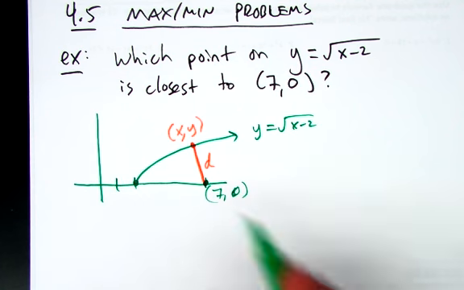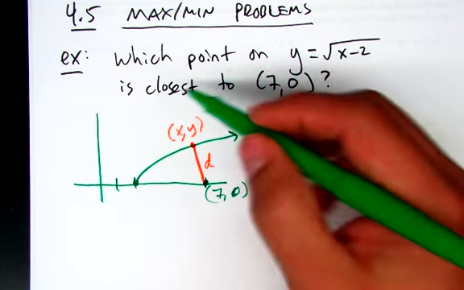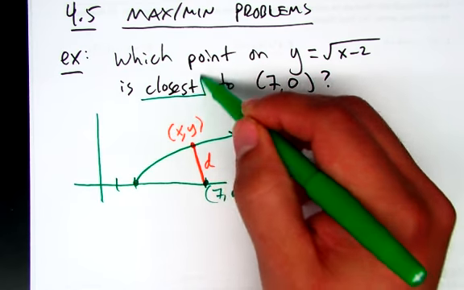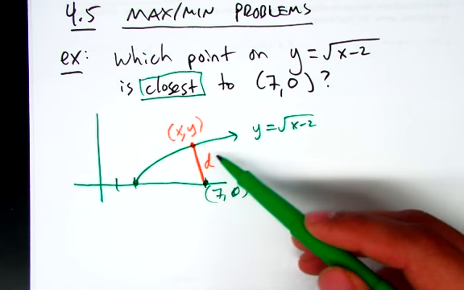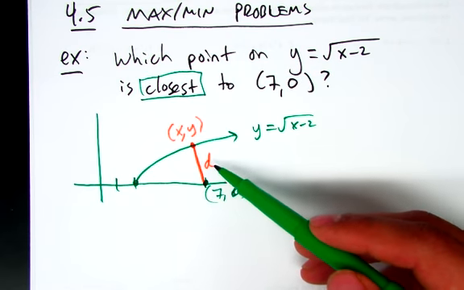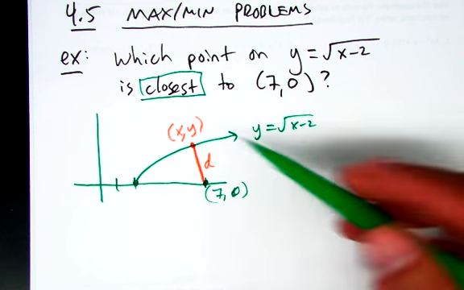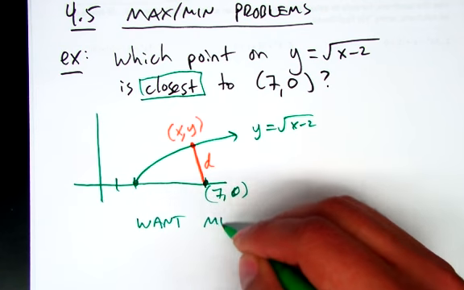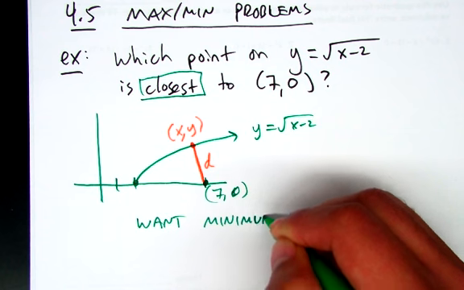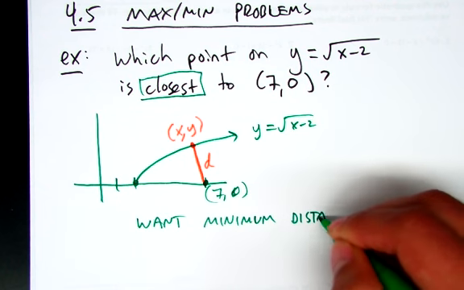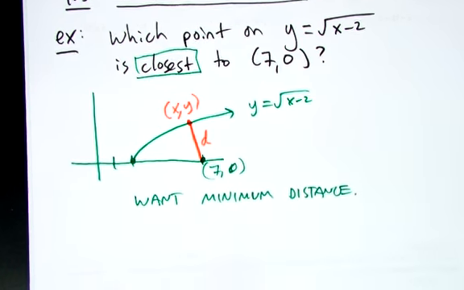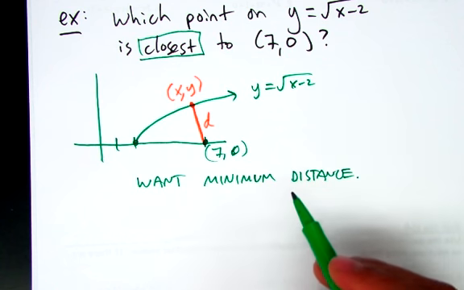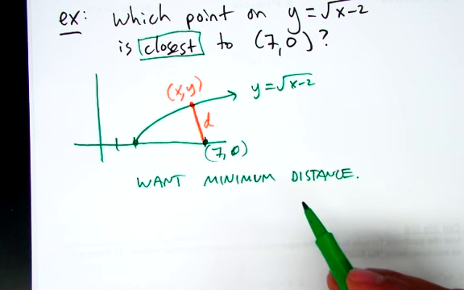Now, when you see the word closest, do we want a minimum distance or a maximum distance? Minimum. Okay. So we want minimum distance. So in other words, if I have a distance equation, then we could use that distance equation to answer the question.